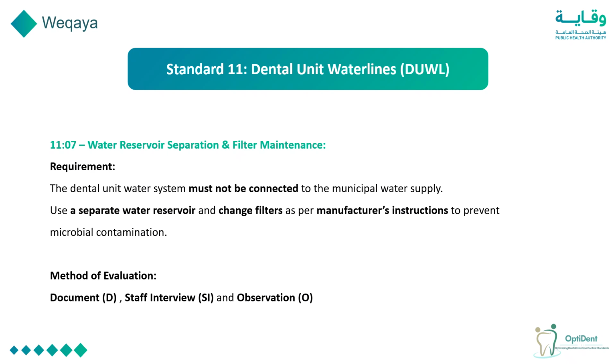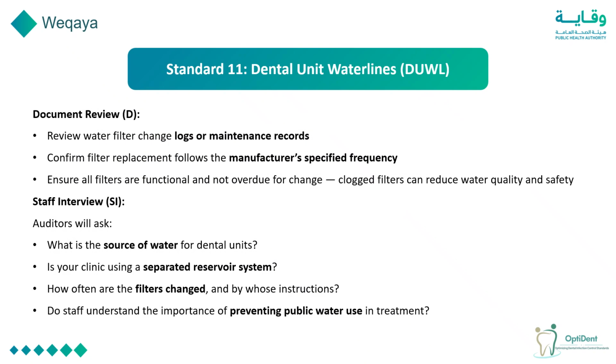For the evaluation method, the auditor will use the document review, staff interview, and also observation. For the document review, the auditor will review water filter change logs or maintenance records based on the manufacturer and confirm filter replacement follows the manufacturer's specified frequency.